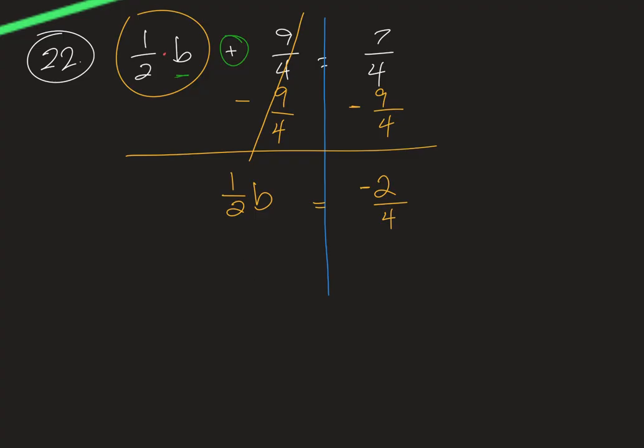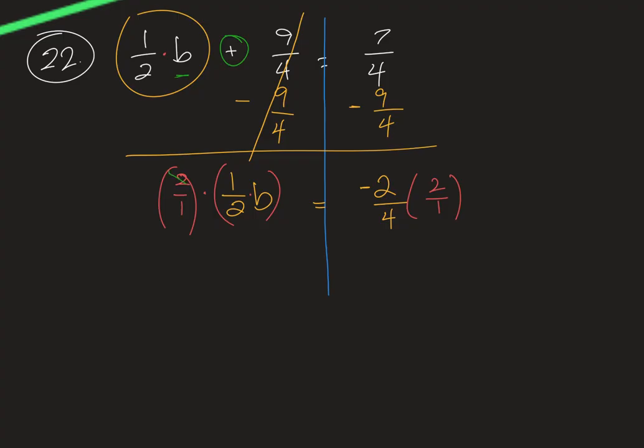You just recognize that b is being multiplied by 1/2. So the opposite is, you could divide by 1/2. You really could. But when it comes to fractions, dividing by that fraction is the same as multiplying by the reciprocal. So we're going to multiply both sides by the reciprocal, which is not 1/2. It is 2/1.